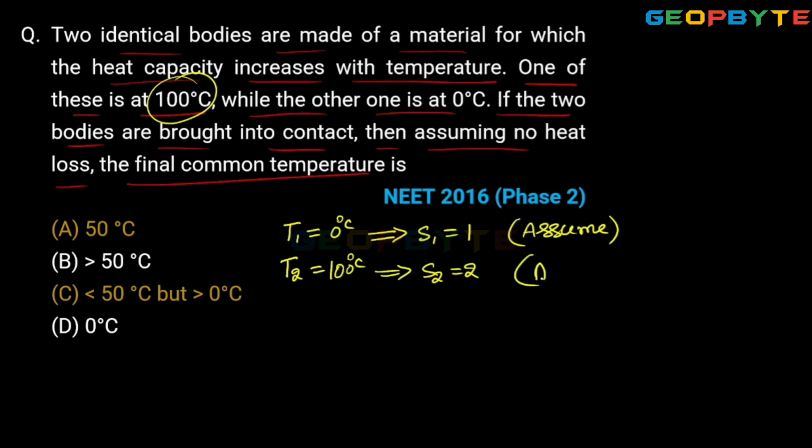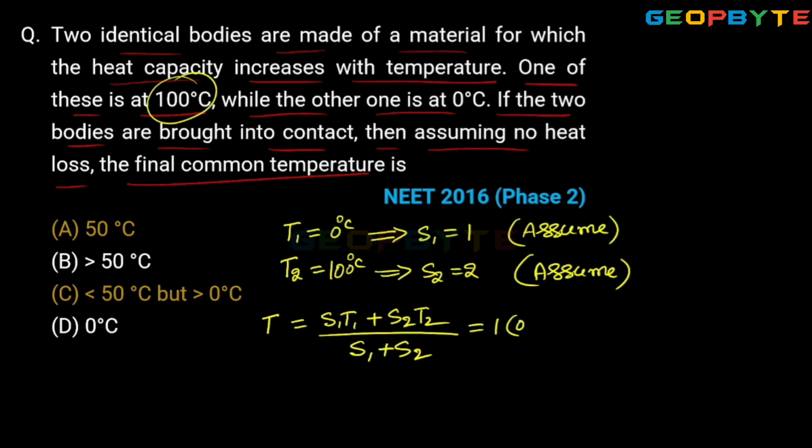It is also an assumption. Then the final common temperature is S1 T1 plus S2 T2 divided by S1 plus S2. That is 1 into 0 plus 2 into 100, divided by 1 plus 2, which equals 200 by 3, around 66.6.